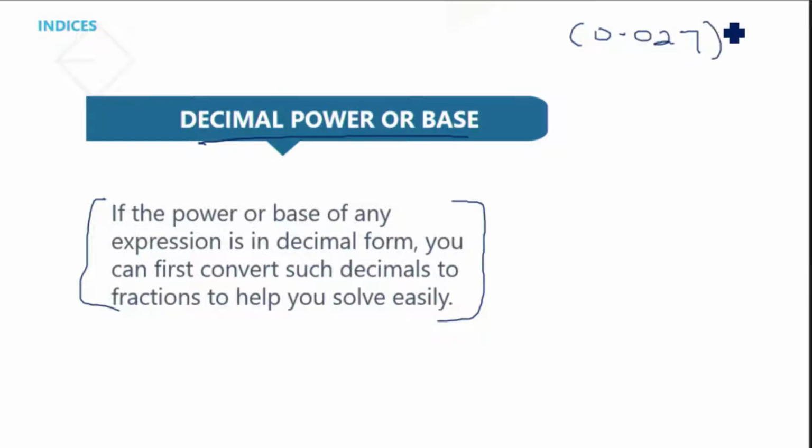0.027 raised to the power minus 1 over 3. Okay, so how do we solve this? Now you can see that what we have in decimal form is the base, so we're going to convert it to a fraction. 0.027 is the same thing as, if you want to convert this to a fraction, you start from the first significant figure.